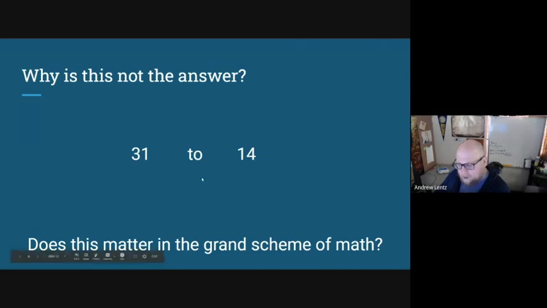Total number of animals. So if I'm comparing cats to total number of animals, and I put the total number of animals first, I'm going to get this wrong, because there aren't 31 cats, because that would make no sense. If I said there are 31 cats to 14 animals total, we got some problems, right?